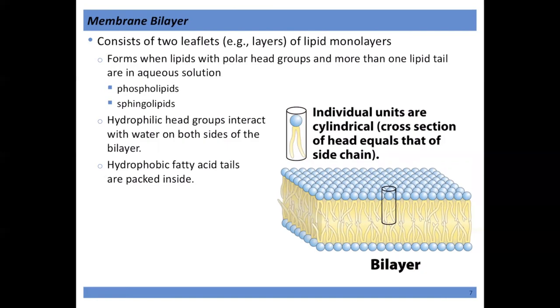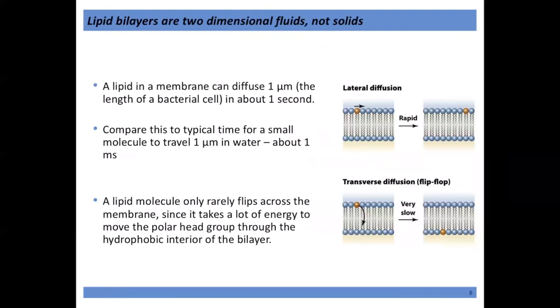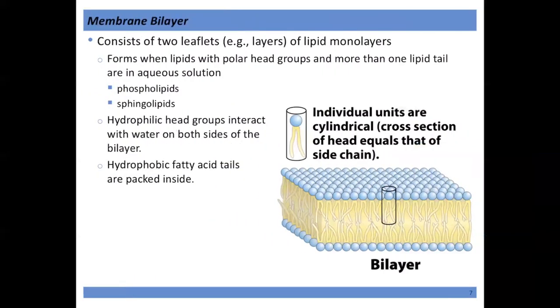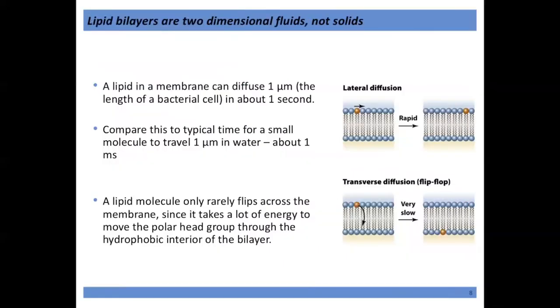Now, something that we need to understand about these bilayers is they're actually fairly fluid. So we're looking at the edge-on view of the bilayer. Imagine that we're just looking right down here, so all we see is the edge of the bilayer, and essentially just one cut of the lipids there. As we look edge-on at the bilayer, what we can start to understand, and we'll see some experiments later on, is that lateral diffusion, meaning a lipid moving in the same leaflet of the bilayer, is fairly rapid.